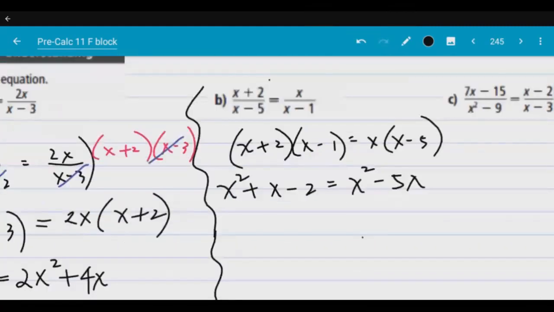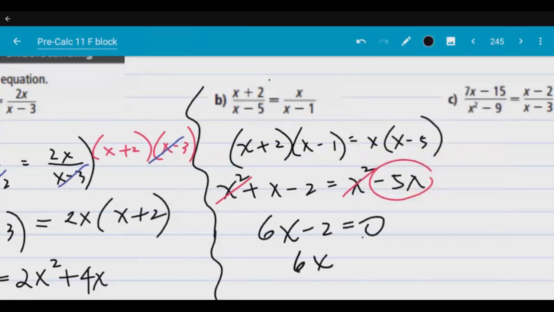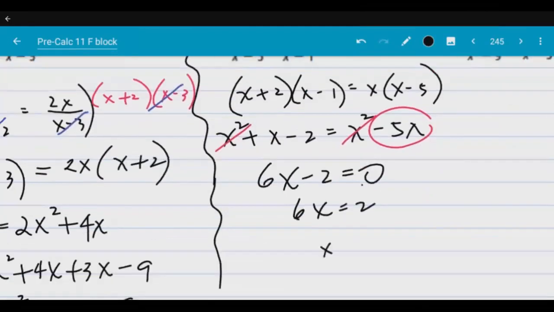Gathering everything on one side. So x squared goes to the other side. It cancels out with this, right? Those two cancel out. So the negative 5x here goes to the left side. It becomes positive 5x. It becomes 6x here. Minus 2 equals 0. 6x is equal to 2. x is equal to 2 over 6, or 1/3.